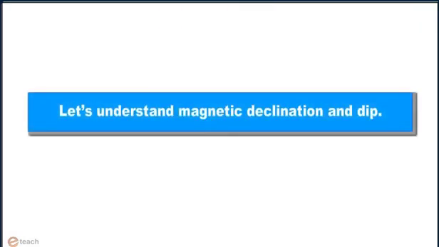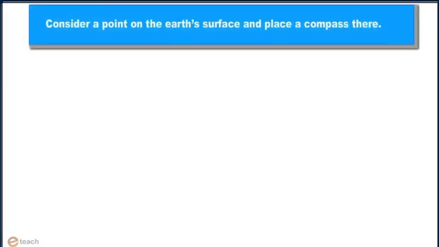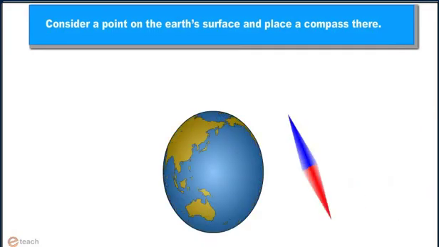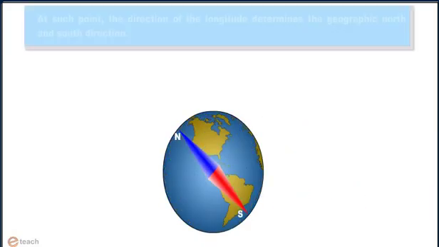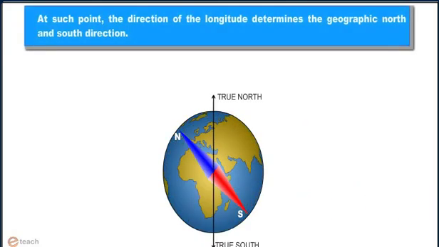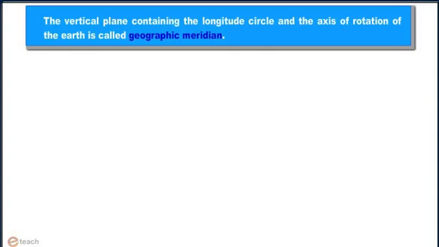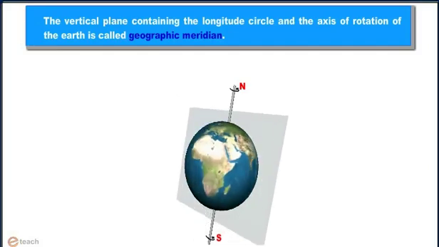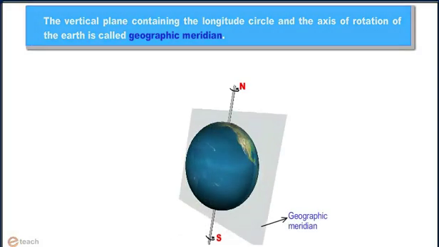Let's understand magnetic declination and dip. Consider a point on the Earth's surface and place a compass there. At such point, the direction of the longitude determines the geographic north and south directions. The vertical plane containing the longitude circle and the axis of rotation of the Earth is called the geographic meridian.